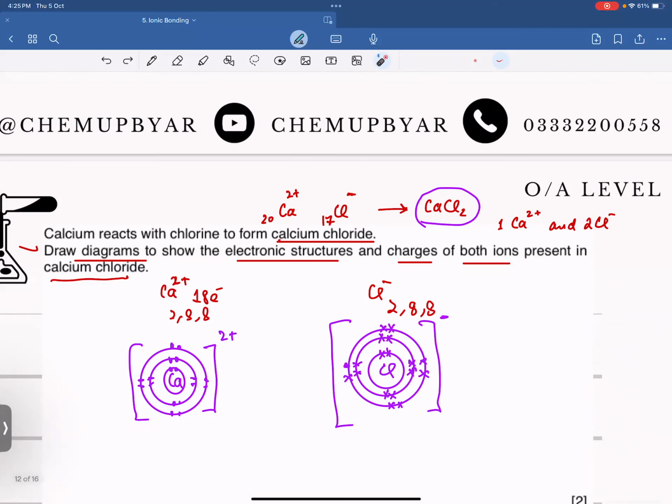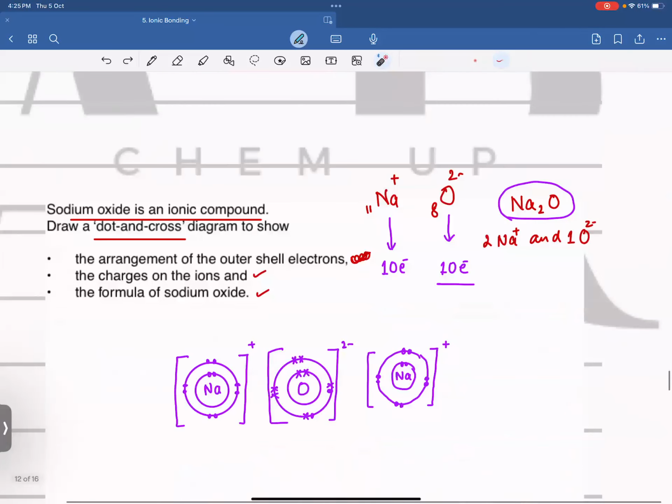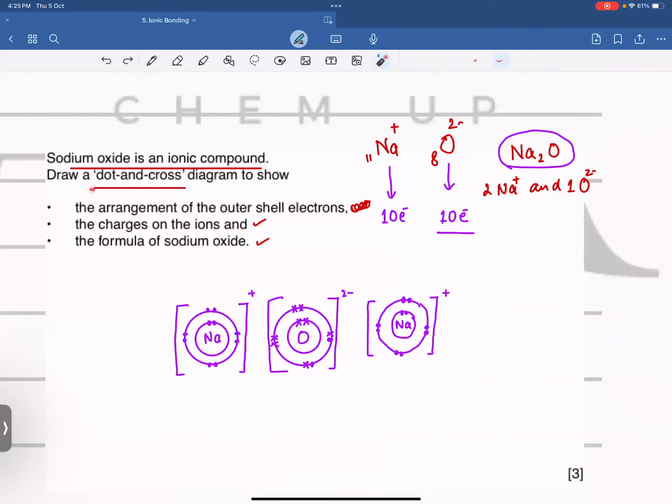Now, if you look at this case, here instead of electronic structure, they ask you to show the dot and cross diagram. Both are the same, but the only difference is that when we draw a dot and cross diagram, we draw each ion as many times as it occurs. For example, sodium is +1 and oxygen is -2, so the formula is Na2O, which means there are 2 sodium ions and 1 oxide ion.